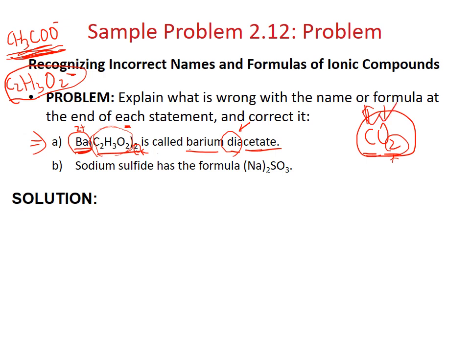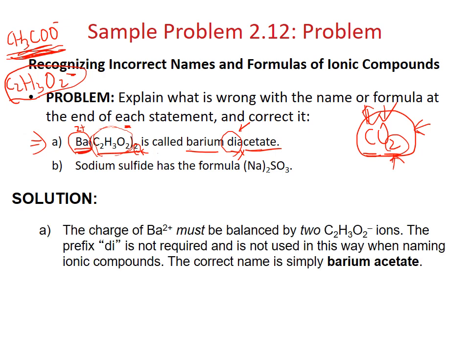Two non-metals don't gain or lose electron, they share electron, and that's why it's a covalent compound. For covalent compound, when you name it, you need a dioxide. But for ionic compound, you don't need a di, and therefore the correct name should be barium acetate.